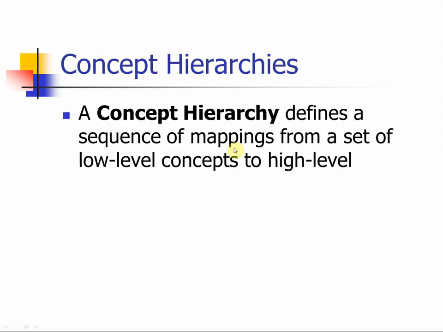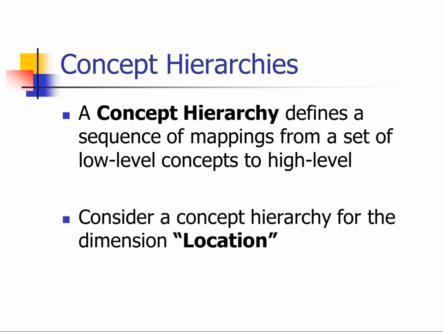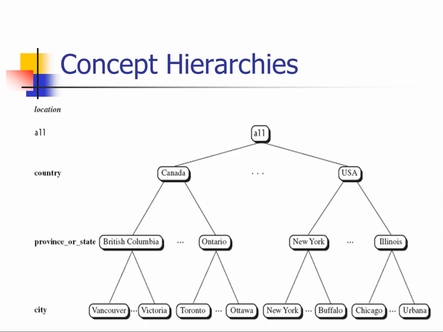So, concept hierarchy. One important thing about the data warehouse is about the dimensions. And each dimension, as you can see, has some hierarchies inside of the dimension. So concept hierarchy defines a sequence of mappings from a set of low-level concepts to a high-level concept. Consider a concept hierarchy for the dimension called location.